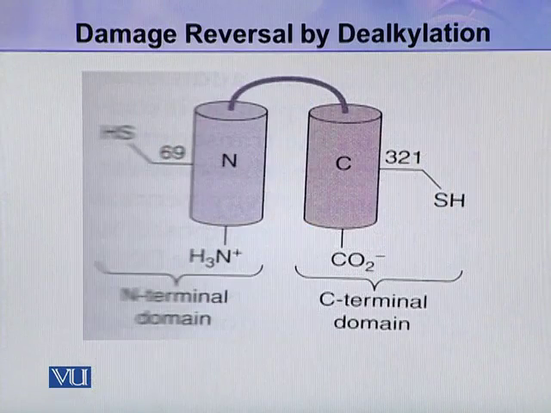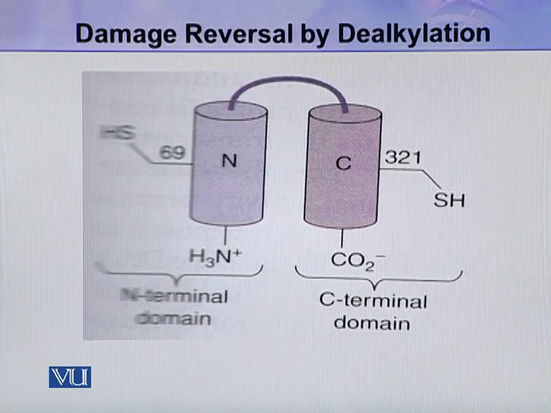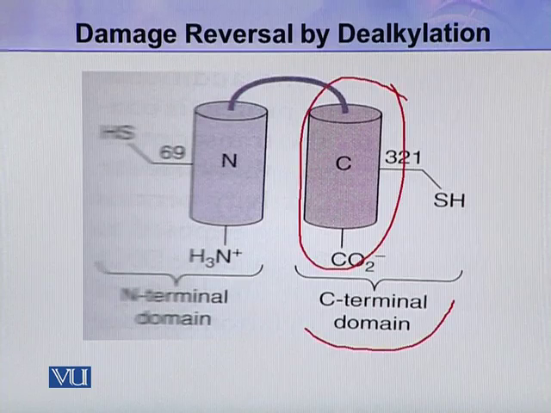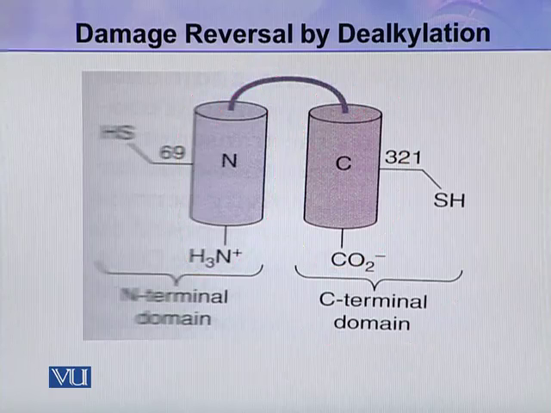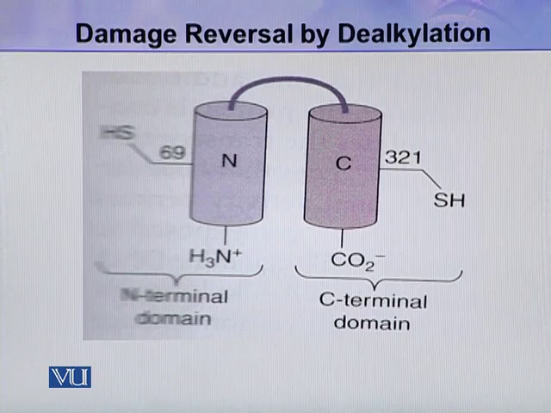So this is the diagrammatic representation of this enzyme, and in this enzyme you can see this whole one is the C-terminal domain, and this is the N-terminal domain. So this one is a flexible linker between these two domains.